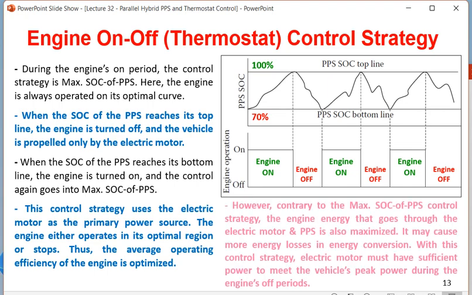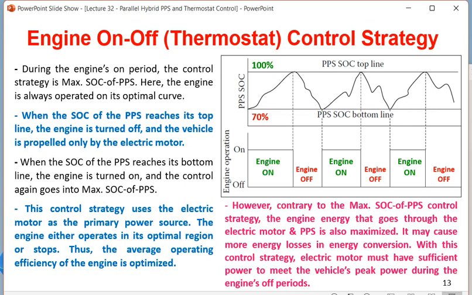However, contrary to the max SOC PPS control, the engine energy that goes through the electric motor and PPS is also maximized. Because when the engine is on, it is working in the optimal region, it is driving the load, and whatever is the remaining maximum energy produced by the engine will go for charging through the electric motor and PPS.